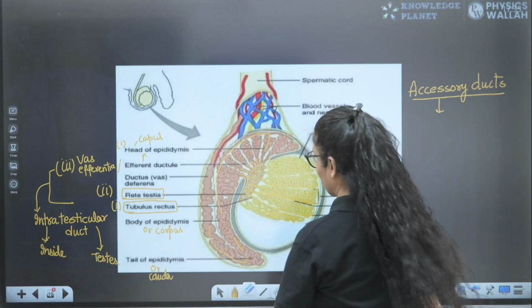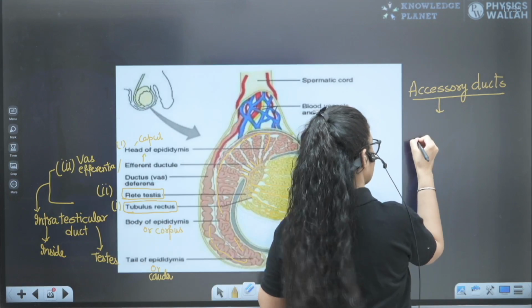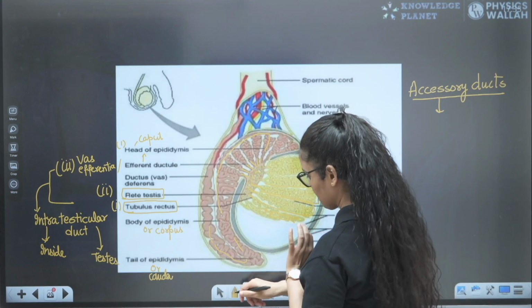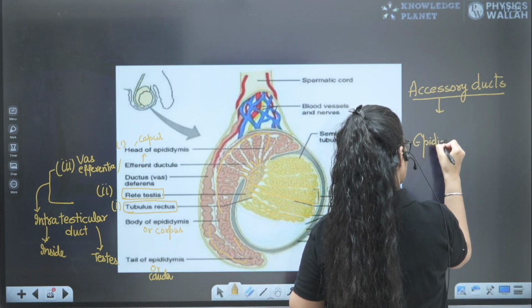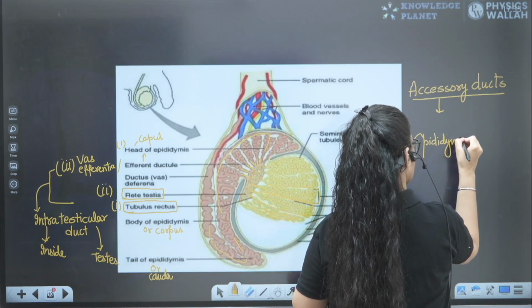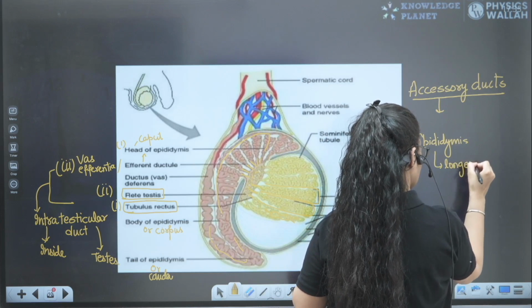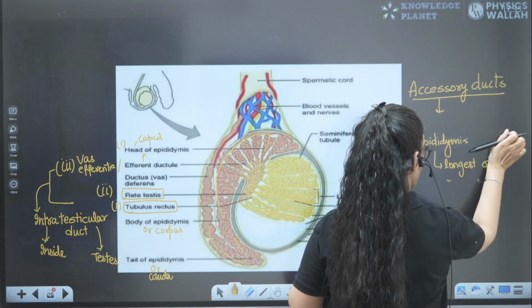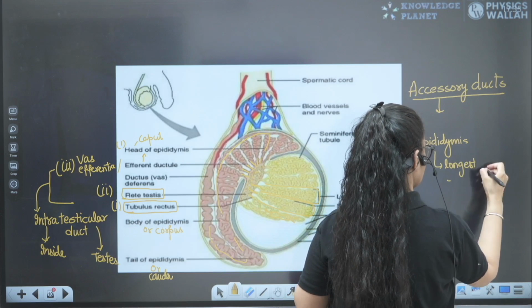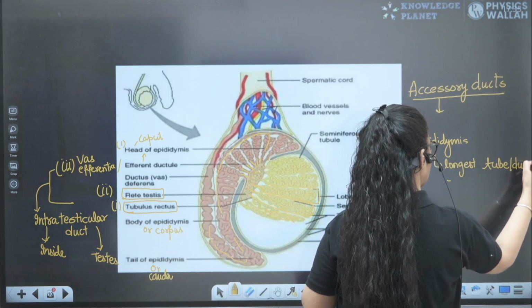The epididymis is the longest tube or duct of the male reproductive system.